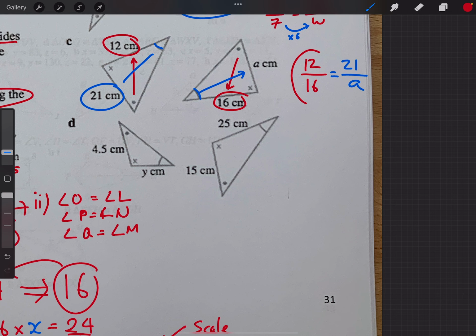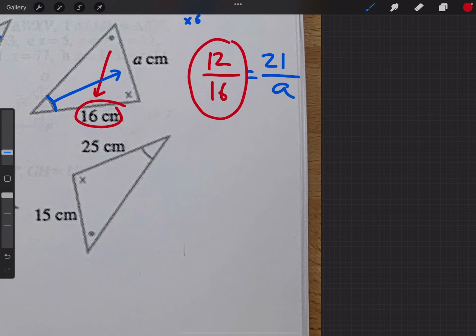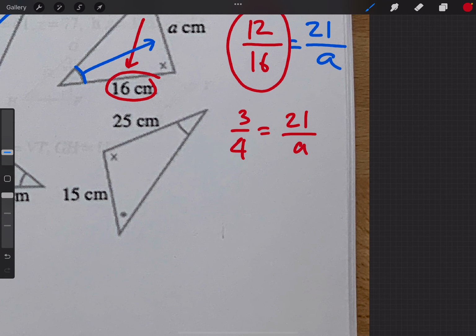Now we just simplify. Let's look at this one. Divide the top and bottom by 4, you're going to get 3 over 4 is equal to 21 over A. Now you can do a quick comparison and you can see that this is times 7, so this must also be times 7. Or you can cross multiply. So A is equal to 4 times 7, which is 28.